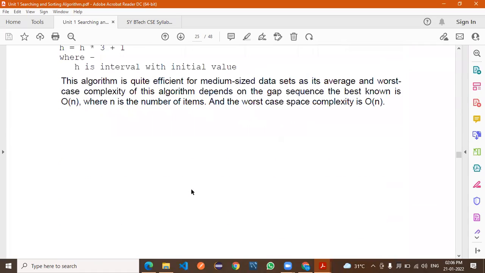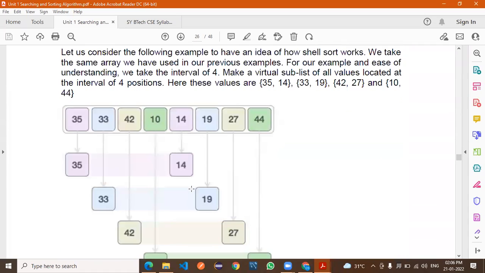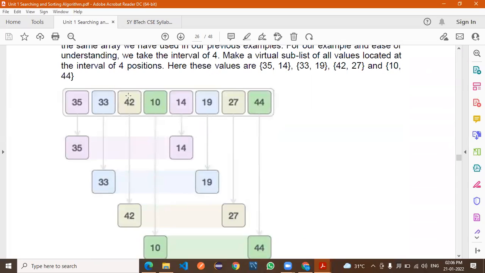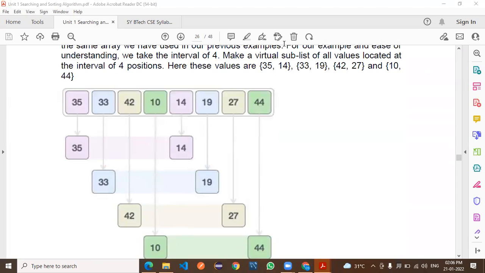Now here in the shell sort, is it visible? Yes, sir. Now this is the list. Now what we have done, so we have considered the sub list, right?